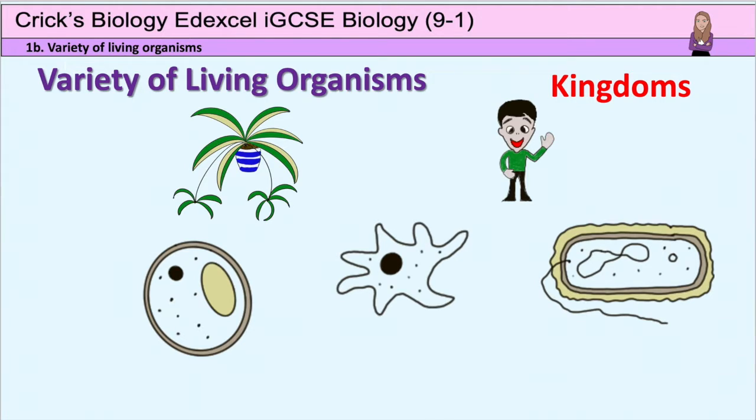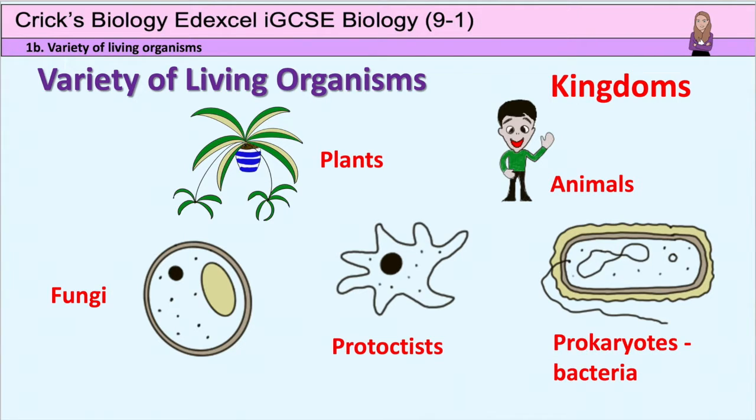They are descended from a common ancestor by the process of evolution, which we cover later on in the course. The common ancestry is reflected in the similarities of structure and function of the members of a group. The 5 kingdoms are plants, animals, fungi, protoctists, and prokaryotes, which contain bacteria.